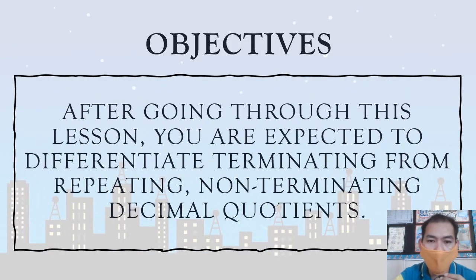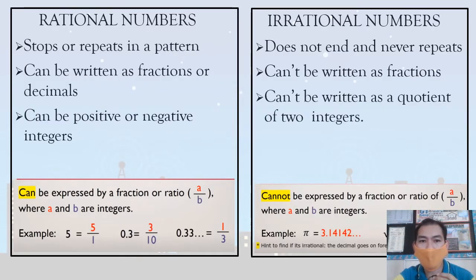Okay, so objectives. After going through this lesson, you are expected to differentiate terminating from repeating and non-terminating decimal quotients. Let's start first with rational numbers. So rational numbers, it stops or repeats in a pattern. Can be written as a fraction or decimals.